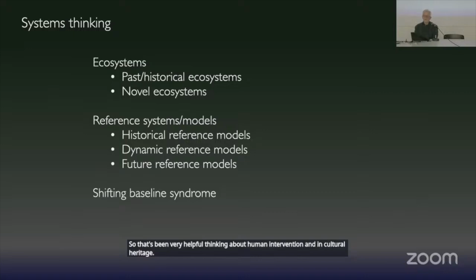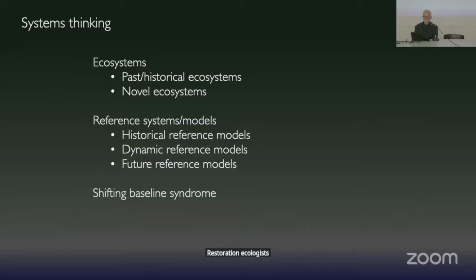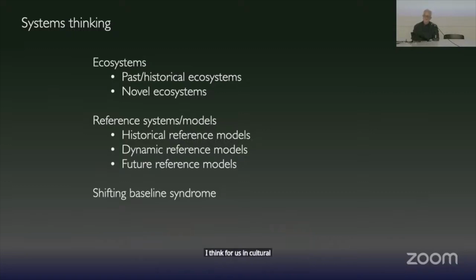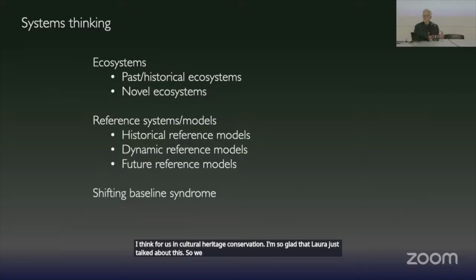Restoration ecologists talk about reference systems or reference models. And again, this is new, I think, for us in cultural heritage conservation. And I'm so glad that Laura just talked about this. So we can look at historical reference models to try to understand what was there, say in pre-colonial context, what animals were there, what plants were there, what inanimate objects were there.